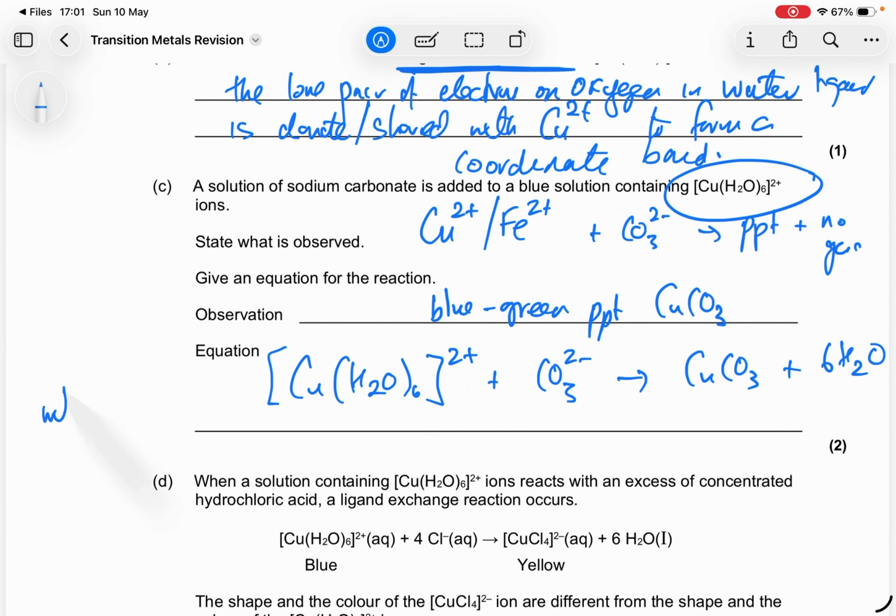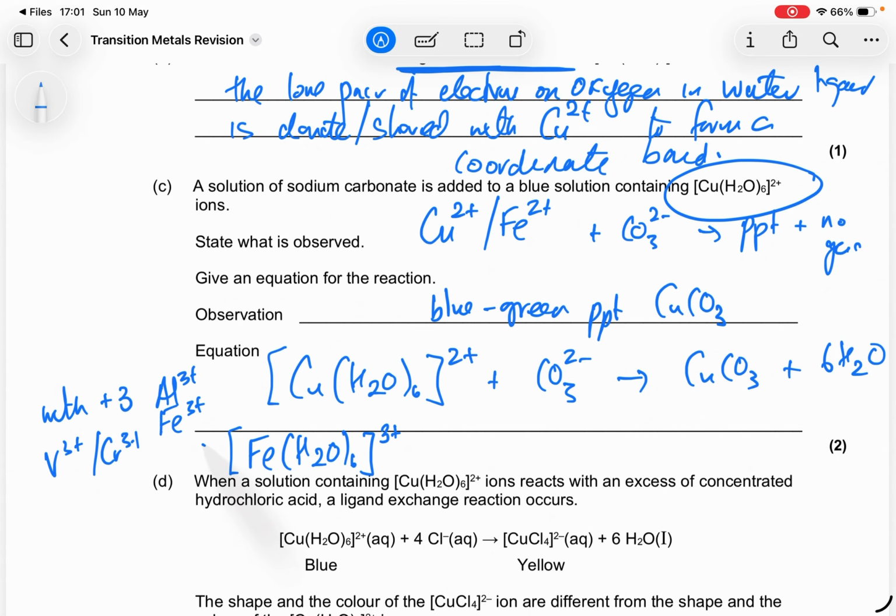However, with 3+ ions, aluminium, Fe, or any 3+, vanadium, chromium, the reaction will be slightly different. The 3+ ion is a stronger acid than a 2+ ion because it is more polarizing: it has greater charge and smaller size, so it can polarize the OH bond, which weakens the bond and releases H+.